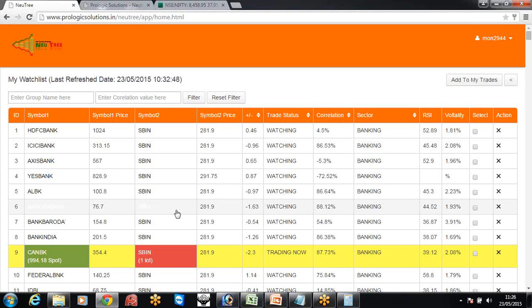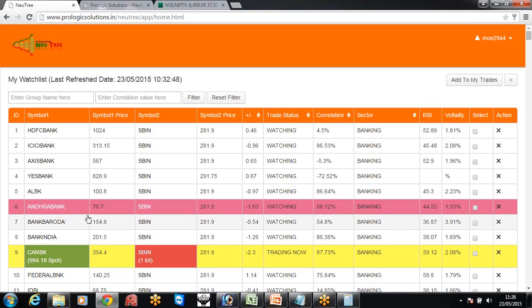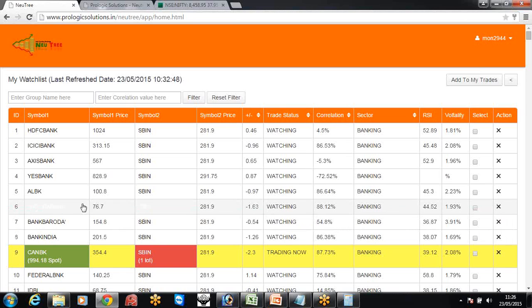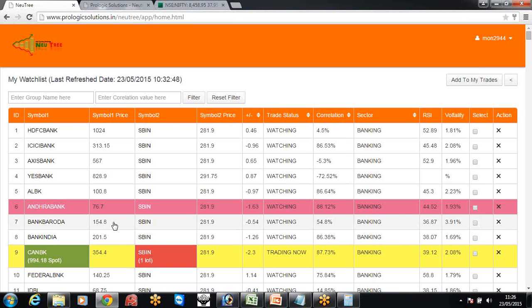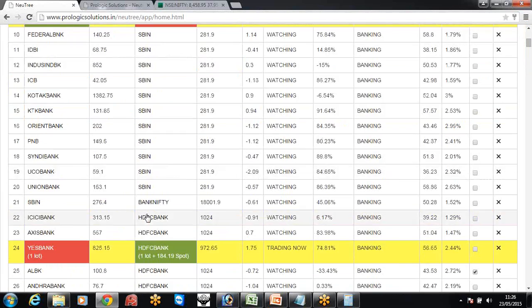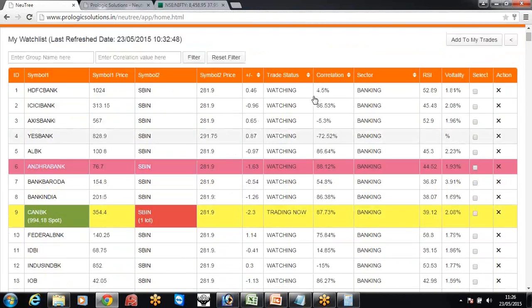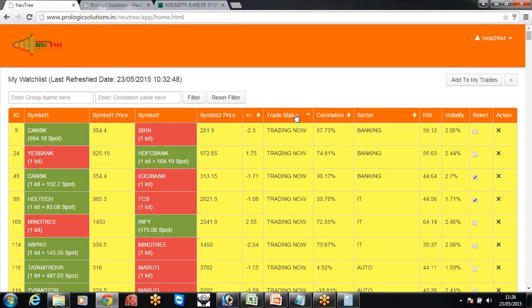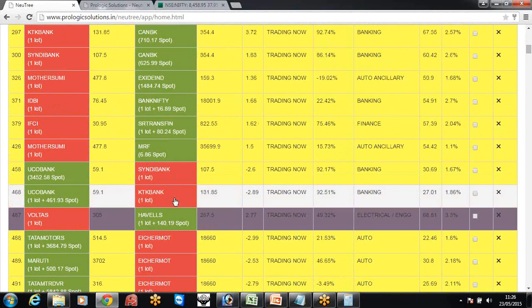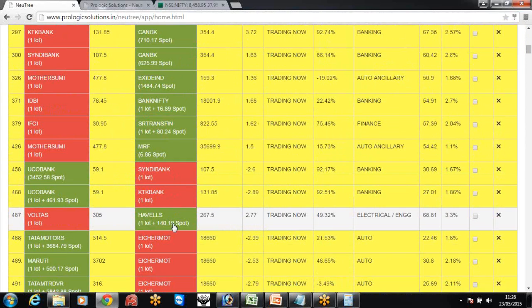Like this, I had Andhra Bank and SBI, and I had another pair with Andhra Bank. Andhra Bank was a short, SBI was a buy here. I had another pair which completely disappeared. But this particular trade, that is Voltas and Havells, stayed. So we entered this particular trade at 3 o'clock because the trade was existing till that time.